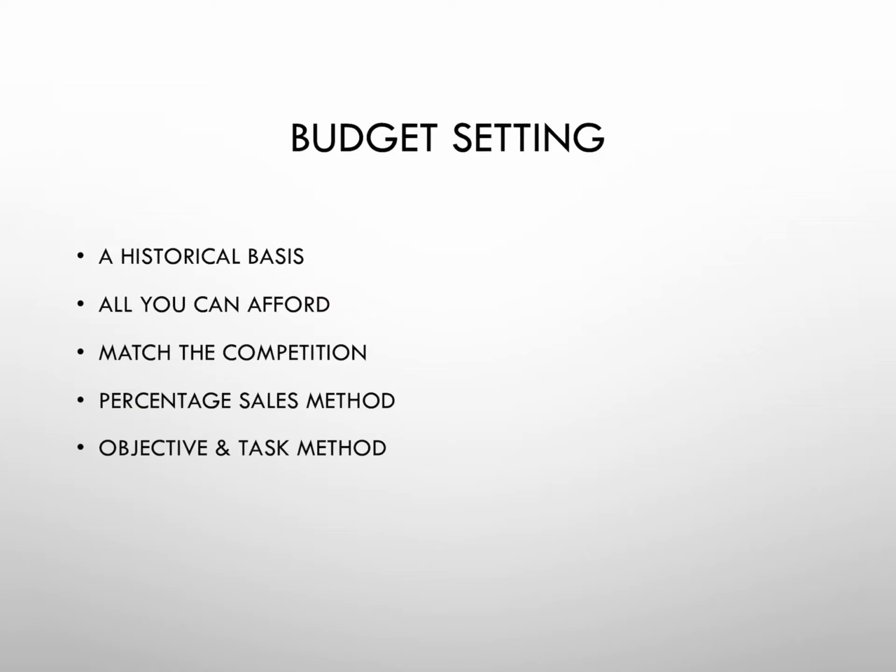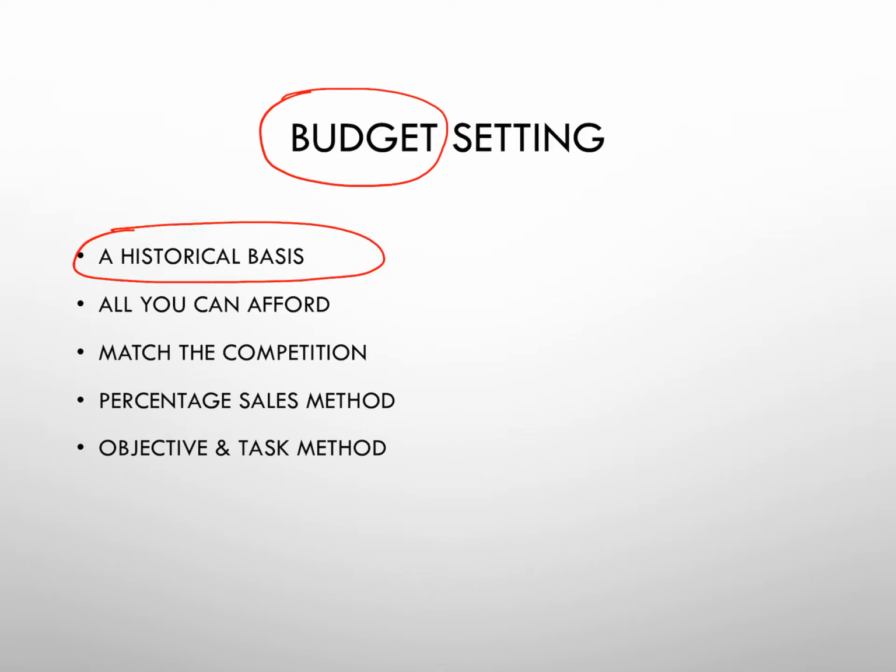Well, how to design or how to set a budget? This is a critical point if you're working in an organization designing a budget for a new product or new promotion campaign. Easiest would be looking at how much money we have spent last year for similar promotions, similar product.